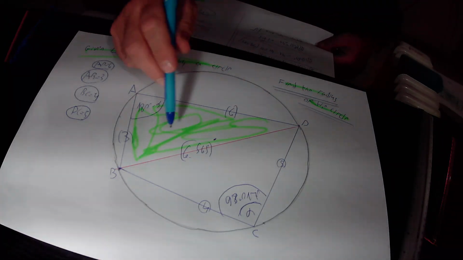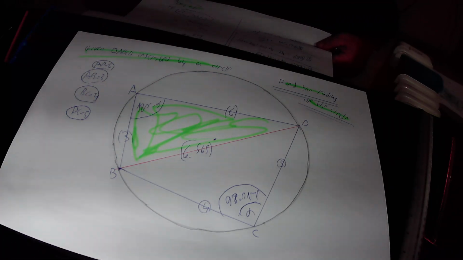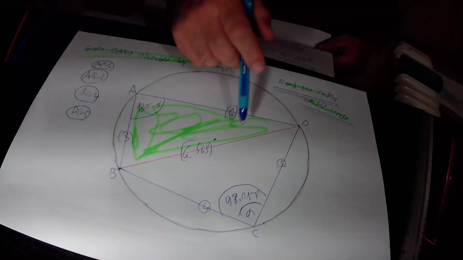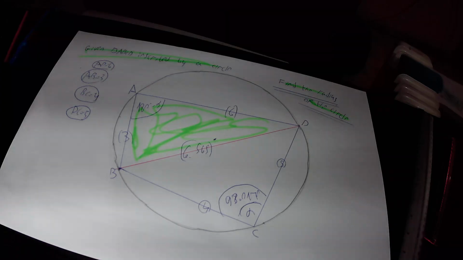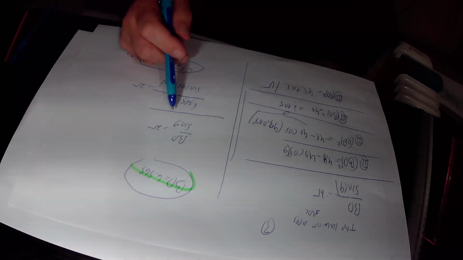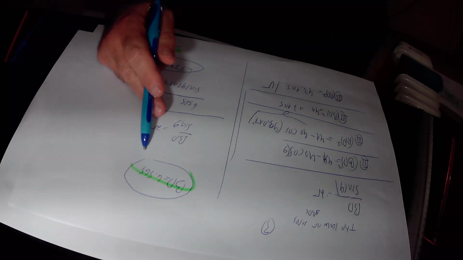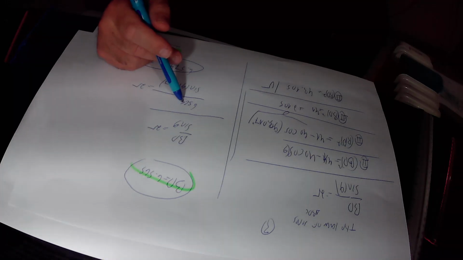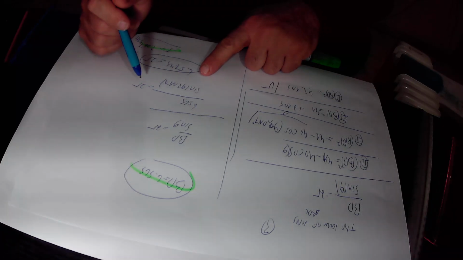So according to the law of sines in this triangle BDC, the following equation holds: BD over sin alpha equals 2R, and R is the radius of this circle. That is the law of sines. We just found that BD equals 6.565, so 6.565 over sin 93.107 equals 2R.